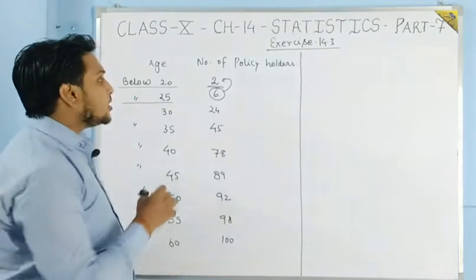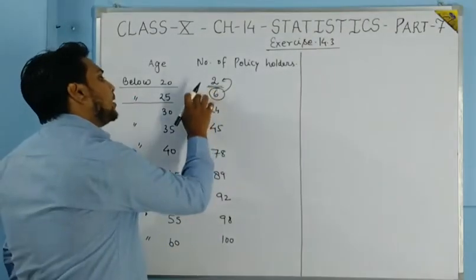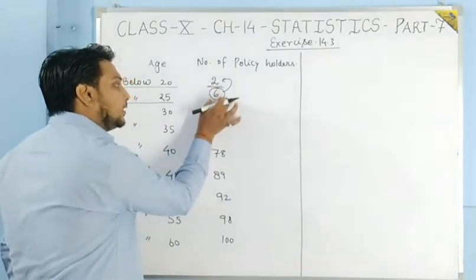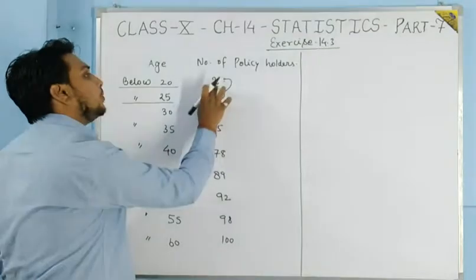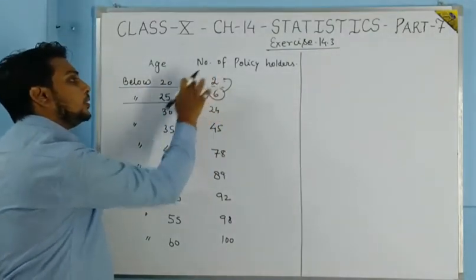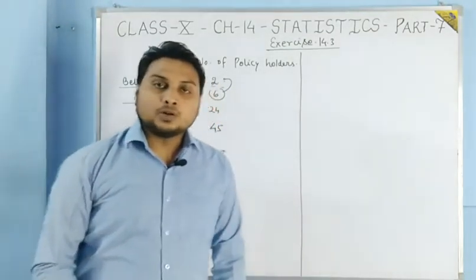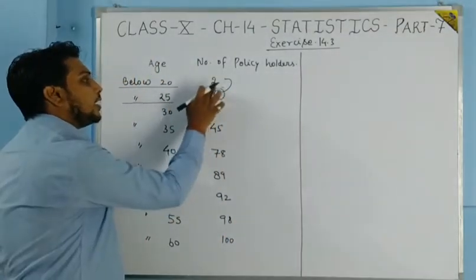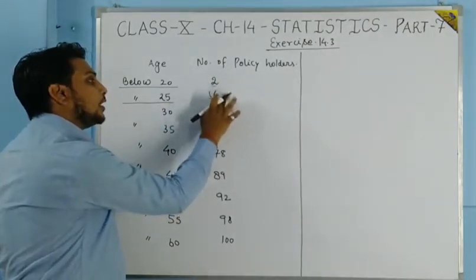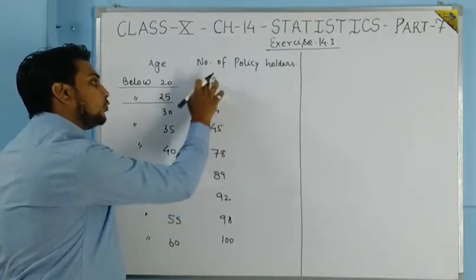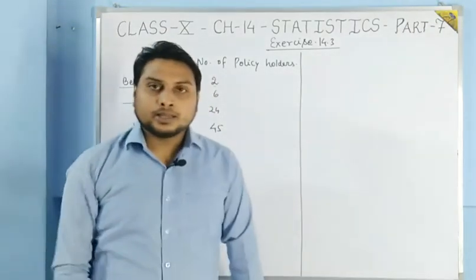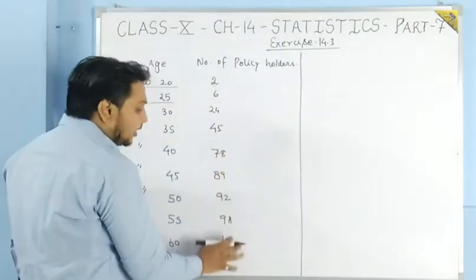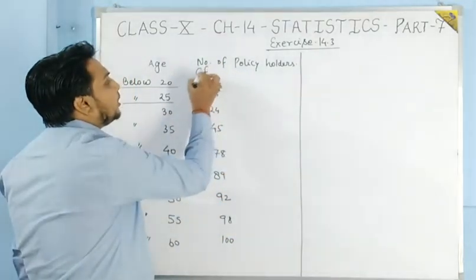Means if you are saying below 25, 6 policy holders, in these 6 these 2 will also be there, because in below 20 these 2 were there. Now we are saying below 25 and it is given that it is 6. Means in this 6 these 2 are already included. So what I want to say, students, is that this given data is the cumulative frequency.